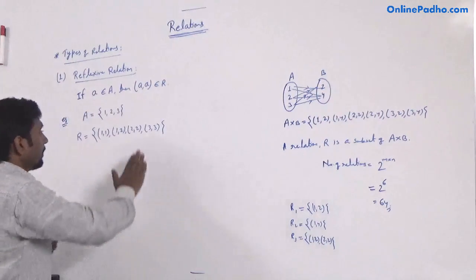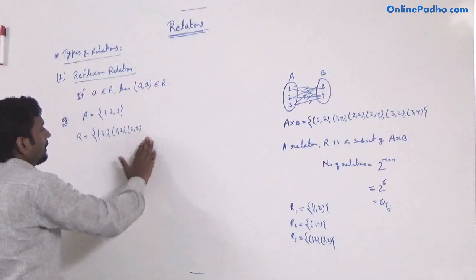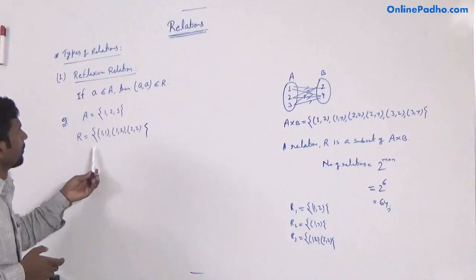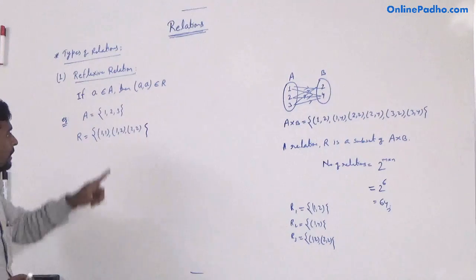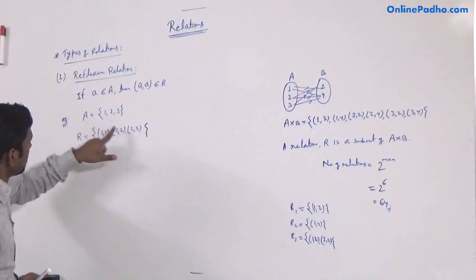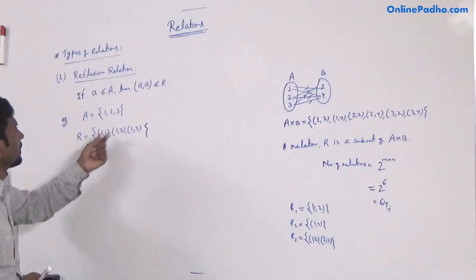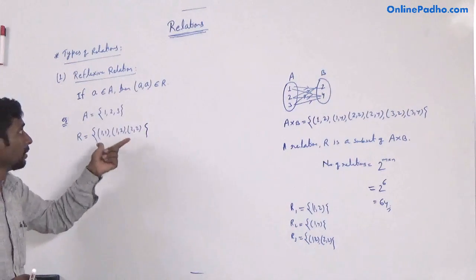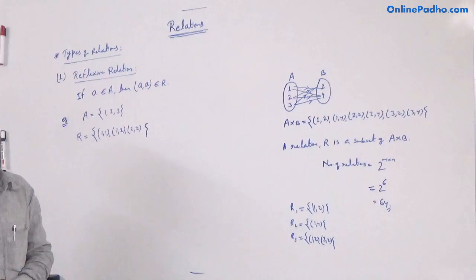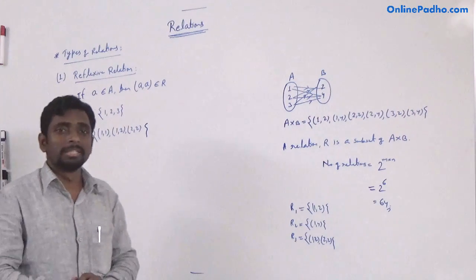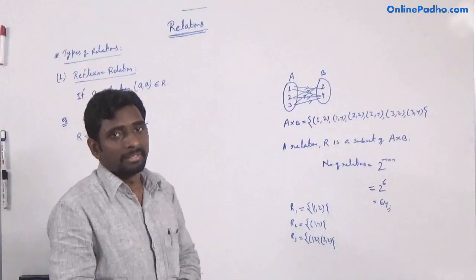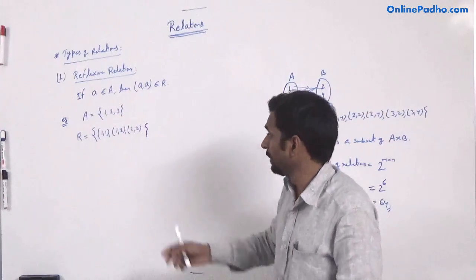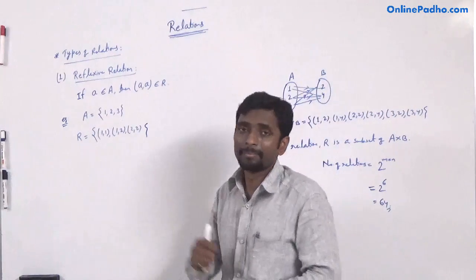But if you have a relation like this from set A, this is not a reflexive relation. Why? Because 3 is an element of set A, but (3, 3) is not an element of this relation. This is not satisfied. For a reflexive relation, for each and every element of set A, there must be such a pair in the relation.